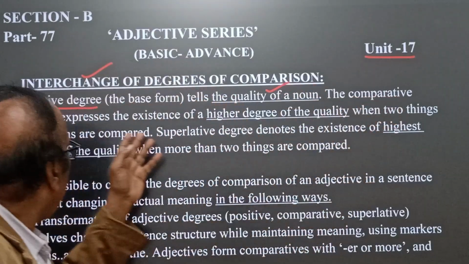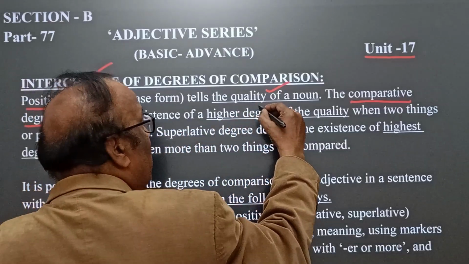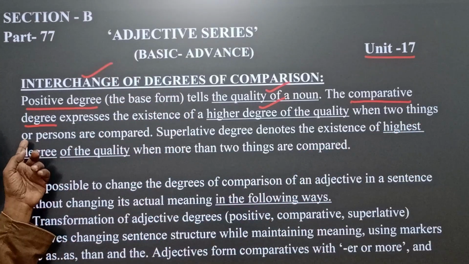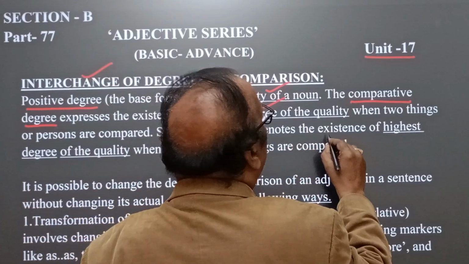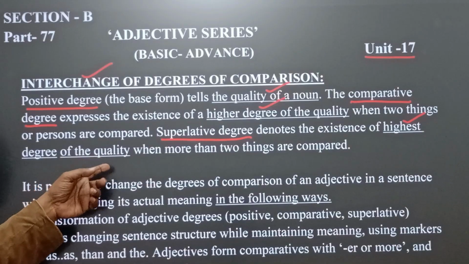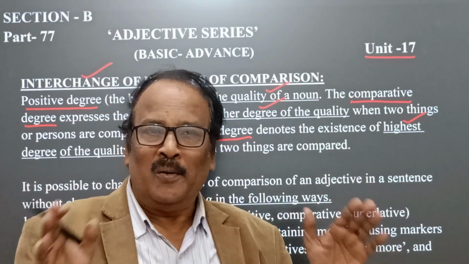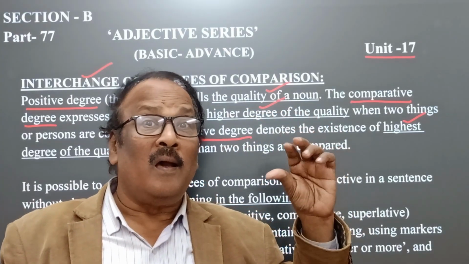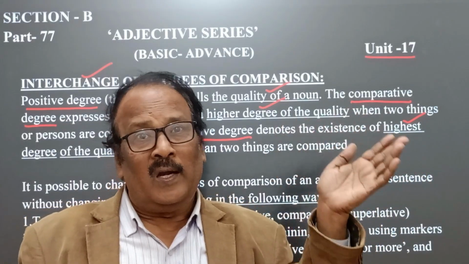The comparative degree expresses the existence of a higher degree of the quality when two things or persons are compared. The superlative degree denotes the existence of the highest degree of the quality when more than two things or persons are compared.